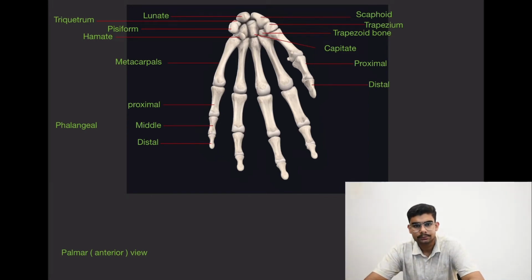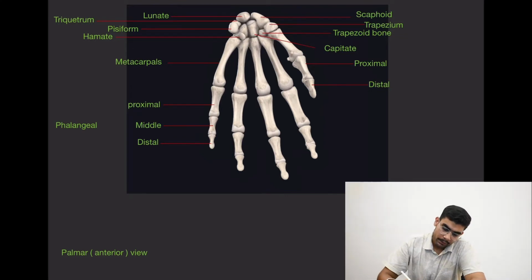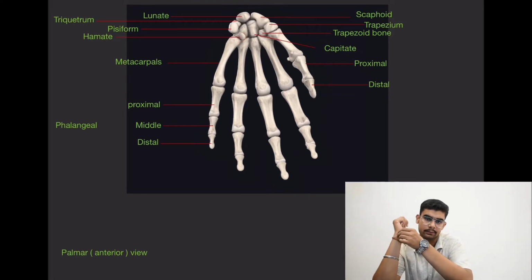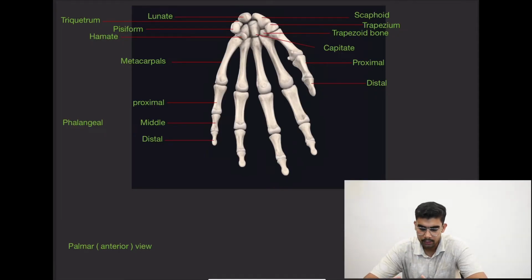These bones have various facets and indentations which help them to articulate with each other. But we will not need to study them in much detail. One important structure is this hook of hamate, as it can be palpated, that is, can be felt from outside, right here.